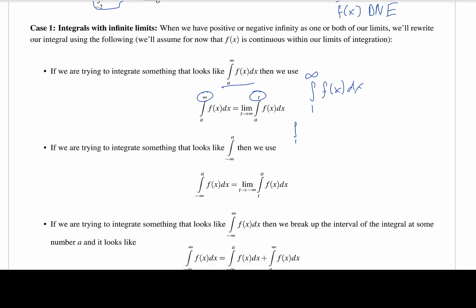Then we're calculating like the integral from 1 to 2 of f of x dx, 1 to 200, f of x dx, and so on, right? Just letting this upper limit get bigger and bigger and bigger to see what this answer is going off to, right? And so one way for us to do that is replacing this infinity with a t, calculating, right?